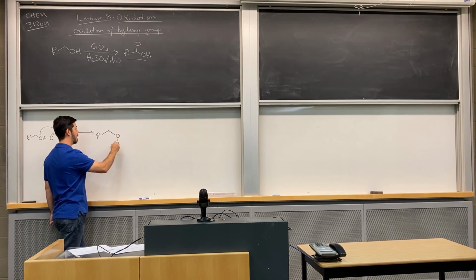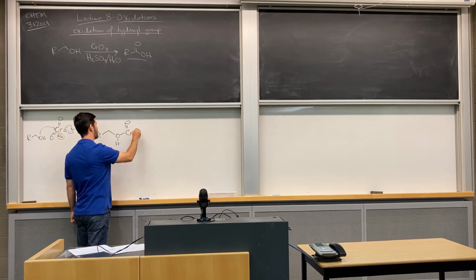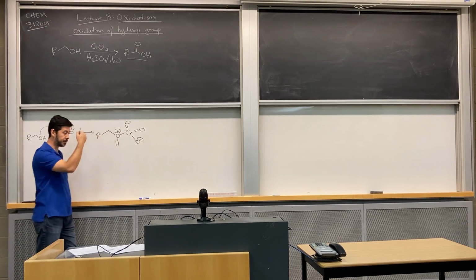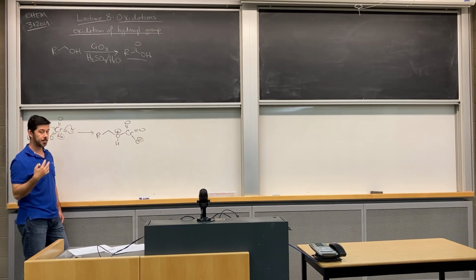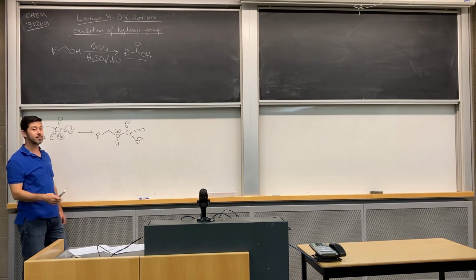Once that reacts, we are now going to have your oxygen chromium bond like I'm showing, and you have this oxygen that's positively charged, so we need some type of base to remove that. In solution up there, the best base that we have is water.